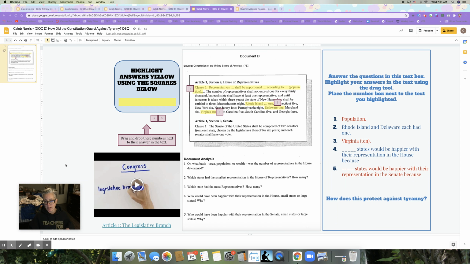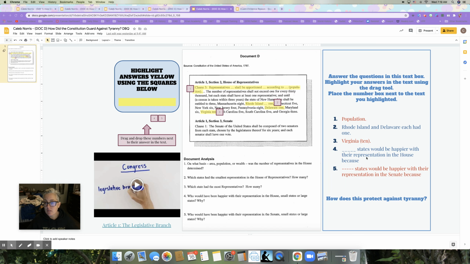When we look at it, the large states are probably going to have the largest population, so they're going to be happy with the one that uses population as a determinant of how many representatives they have, because the more people you have in the House, the more of a voice you have when decisions are being made, and in the government, your voice is your power. So if the House of Representatives is based on population, that's the one the larger states are going to be happier with.